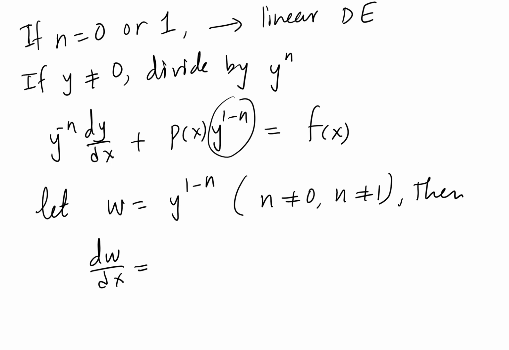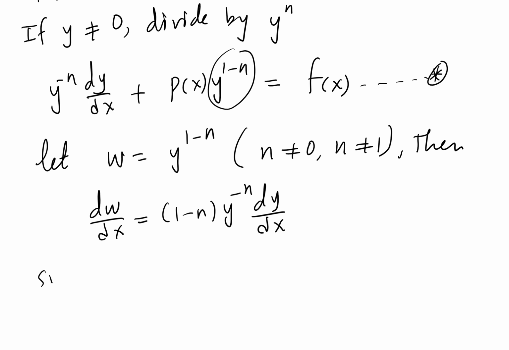So dw/dx is, you bring the 1 minus n down, y to the 1 minus n minus 1, that's negative n, dy/dx by the chain rule. Call this equation star.